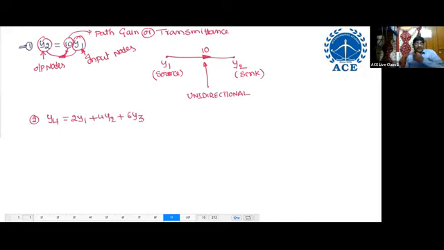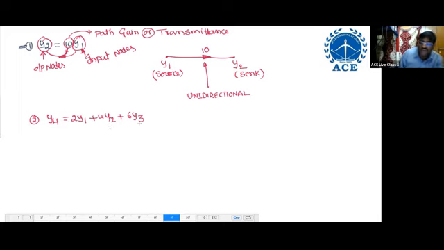Come on, draw the signal flow graph. All of you draw the signal flow graph.